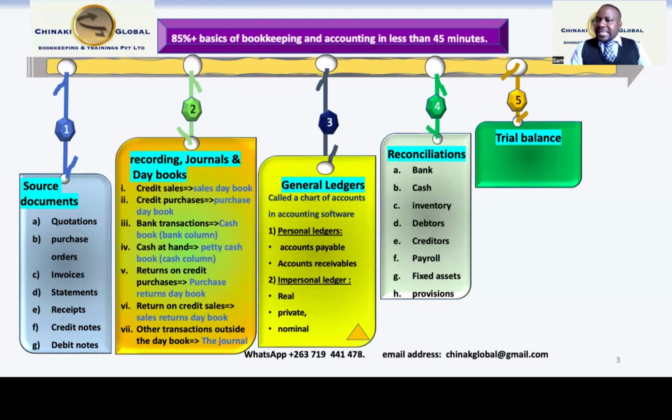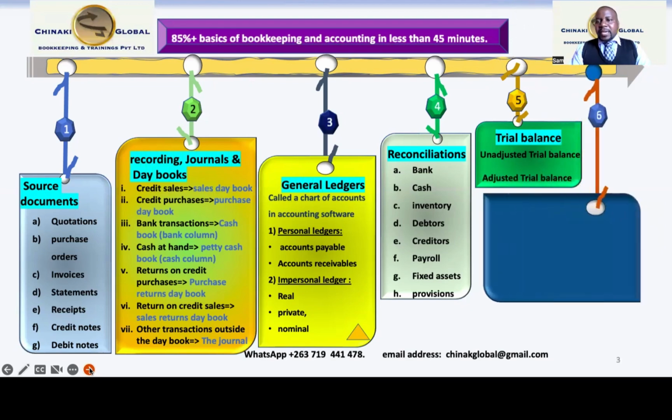It is called unadjusted because we haven't made the month-end or year-end adjustments, right? This may include depreciation, okay? Provisions, different types of provisions, or all those non-cash items which are supposed to be adjusted at month-end, okay?